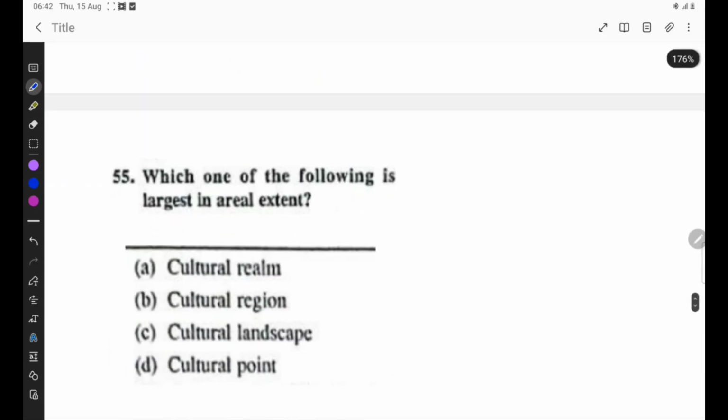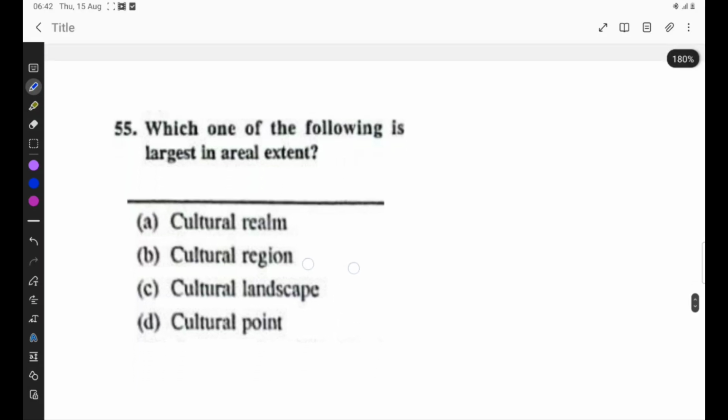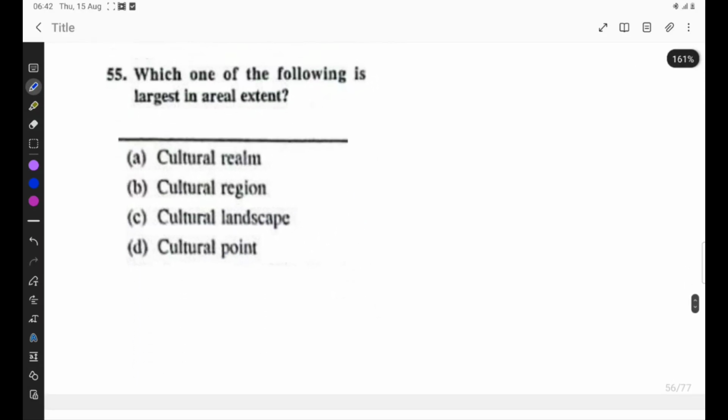Which one of the following is largest in aerial extent? Cultural realm, cultural region, cultural landscape, or cultural point. So yes, cultural realm is the largest and cultural point is the lowest.